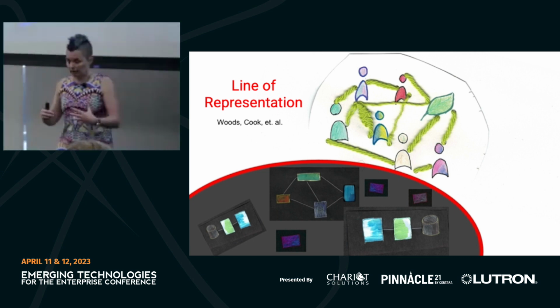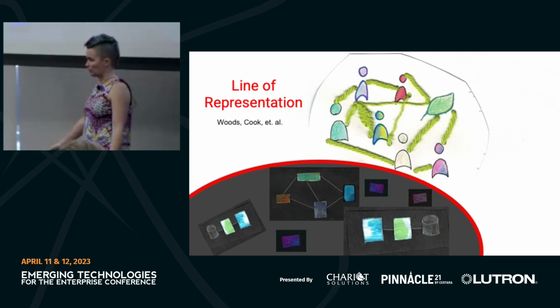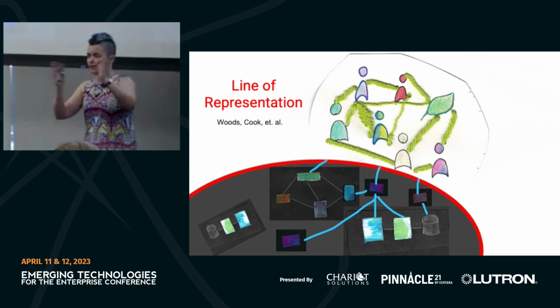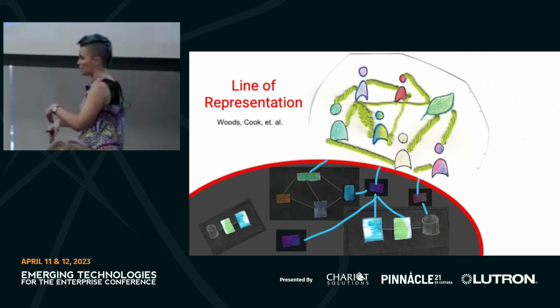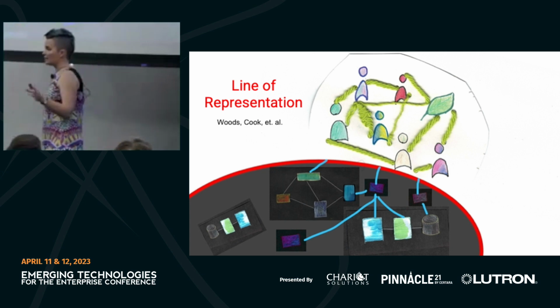And it's the line of representation because in order for us to know what's going on in the digital space, the software has to tell us. We get screens, we get command lines, we get buttons that we can click with our mouse, and that's it.